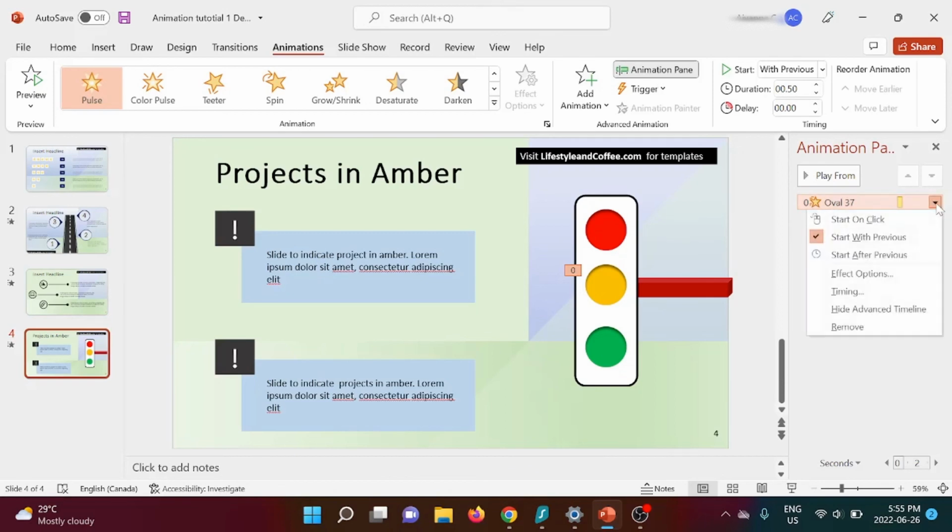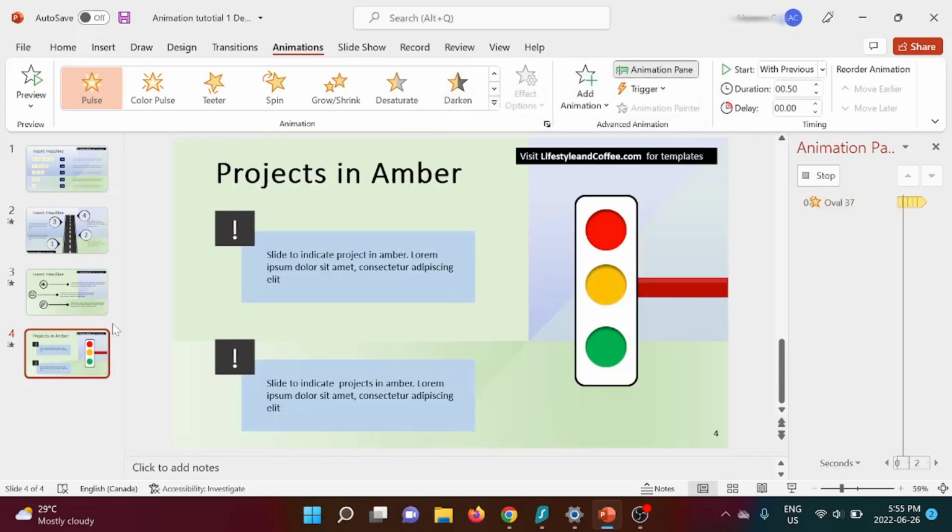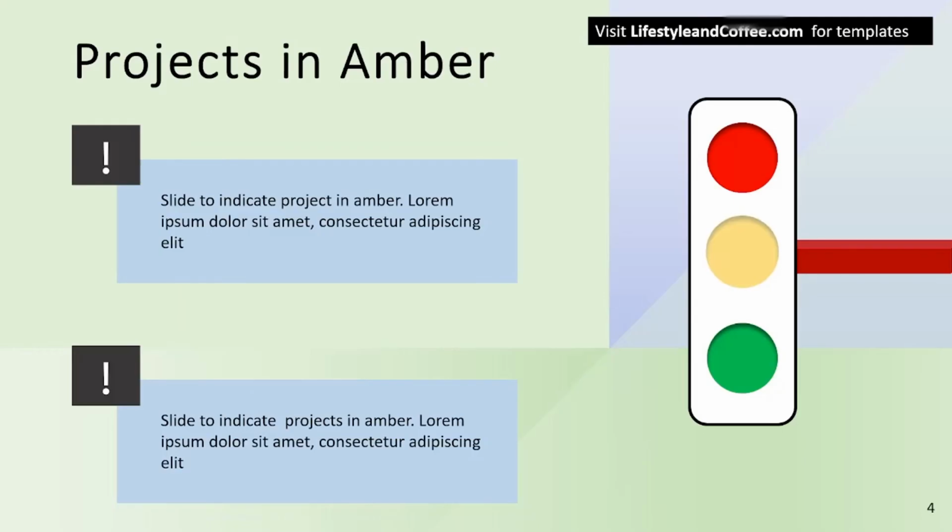So I'm going to go to timing, and I'm going to go repeat. So you can repeat it 5 times, 10 times. All I'm going to do is until end of the slide. Okay. So now it'll keep flashing until I exit the slide.